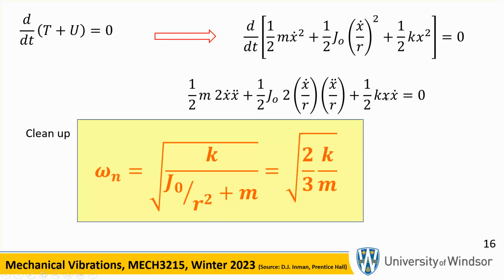The thing that is multiplied by x is just going to be kx, that's all. So the stiffness is just k, and the effective mass is the actual mass plus a contribution due to rotation. So this is exactly the same result that we got in lecture 4.